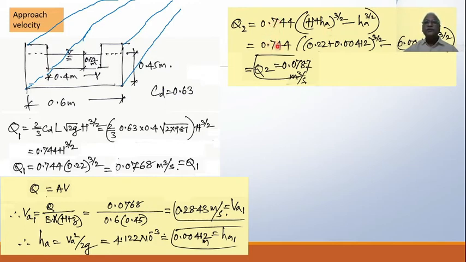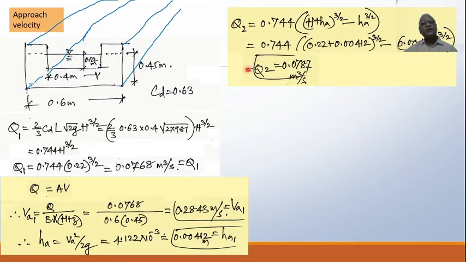So I will substitute as it is. This h plus ha, I have the values. H is 0.22, ha is 0.00412, total raised to 3 by 2 minus ha raised to 3 by 2. If I solve, I get Q2 as 0.0787, slightly different value from the earlier one. So there is a revised value.